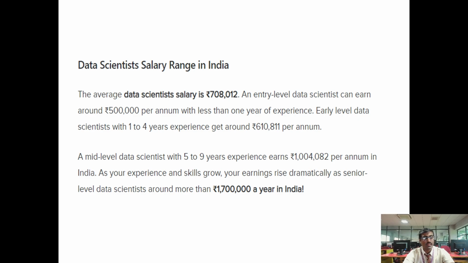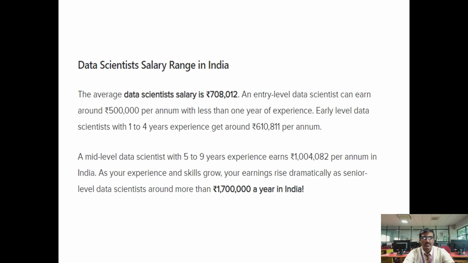The major role that you can target after undergoing this course is that of a data scientist. You can see the average data scientist salary is around 7 lakh rupees. The entry level data scientist can earn up to 5 lakhs per annum.